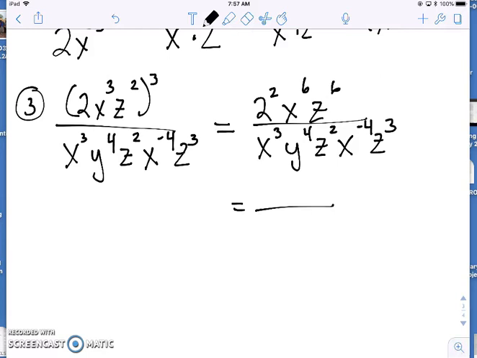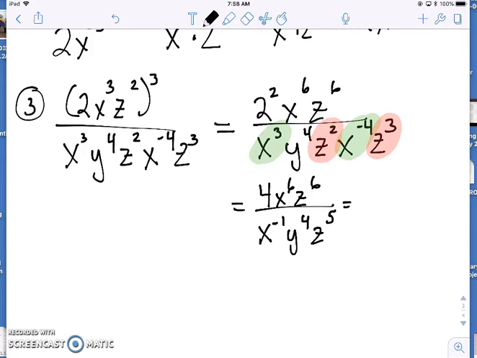So the top 2 squared, 4 x to the 6 z to the 6th. But let's look at x's on the bottom. That's not an x. So we would have x to the negative 1, y to the 4th. And let's see, our z's to the 5th.